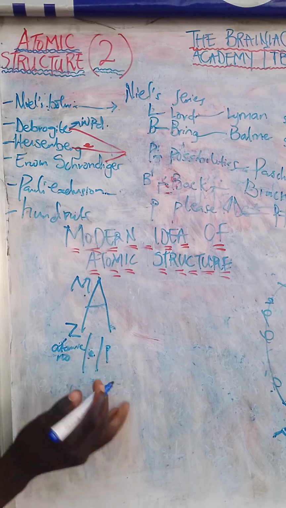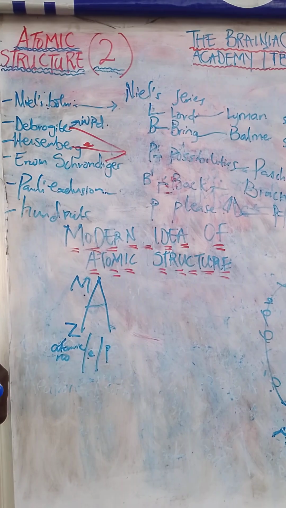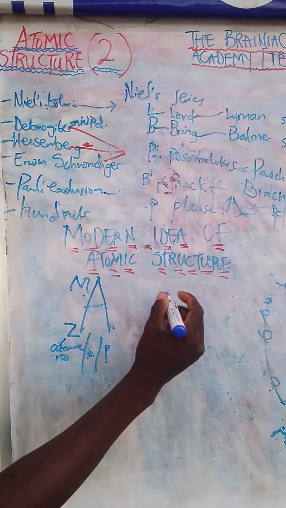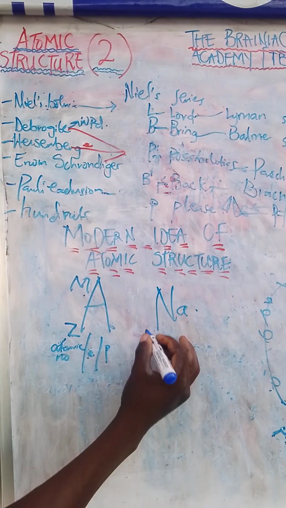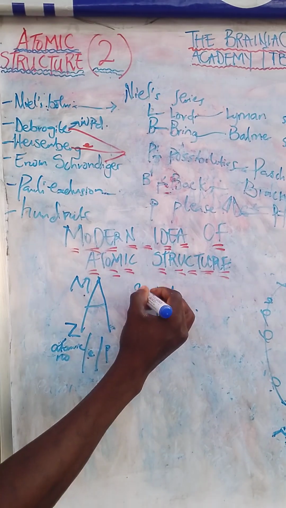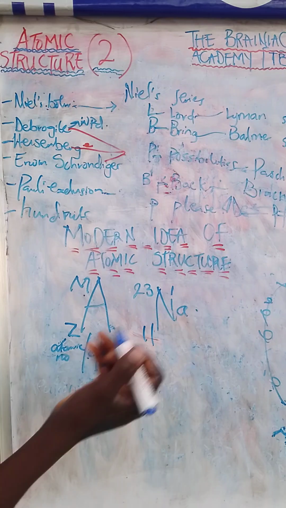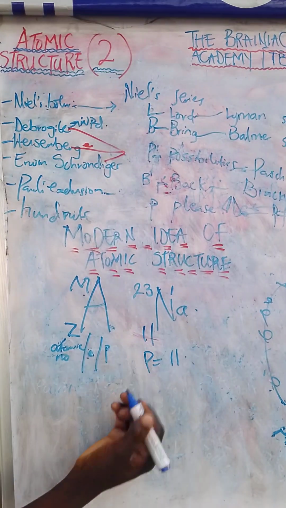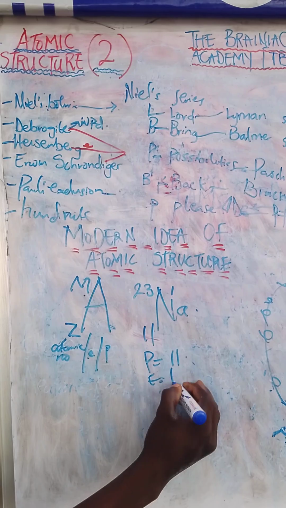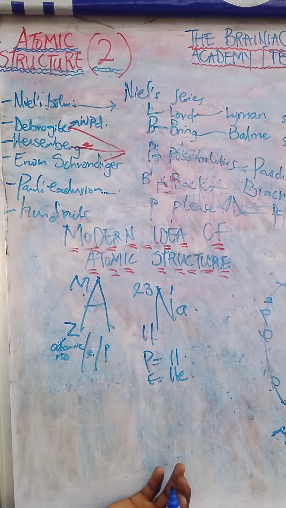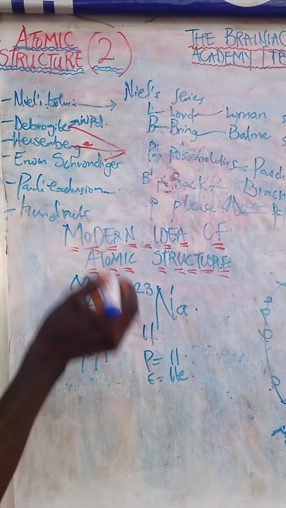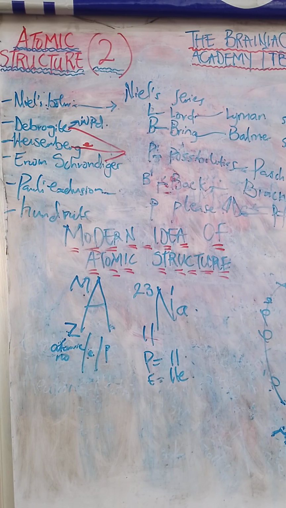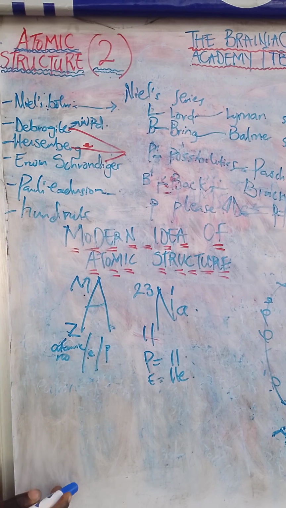So if they ask you what is the proton number in these elements, let's use real elements, 11 and 23. Your proton number here is 11. Your electron number is 11 electrons. And your atomic number is 11. So this Z is still your electron number, your proton number, and your atomic number.